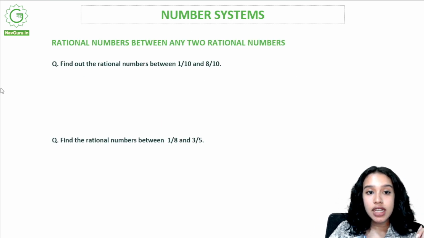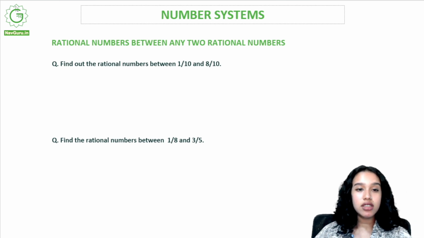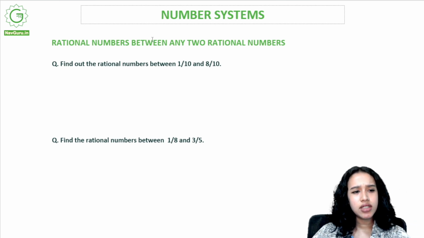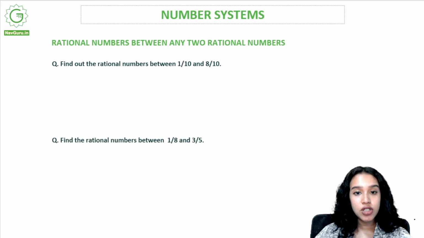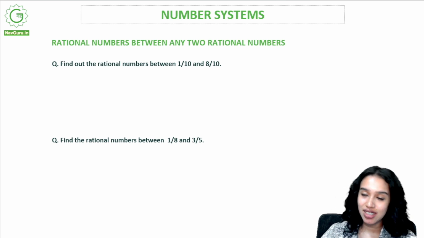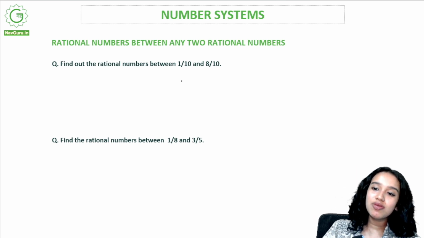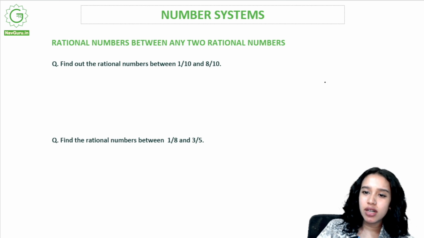Now let's move on. This is quite an interesting topic, which is rational numbers between any two rational numbers. The interesting thing about numbers is that on the number chart, we write the numbers like 0, 1, 2, 3, it goes on.